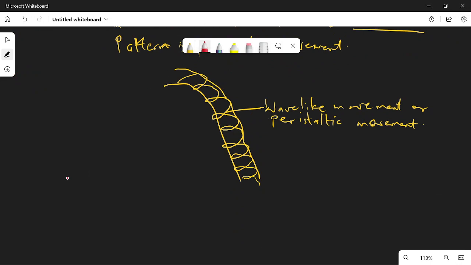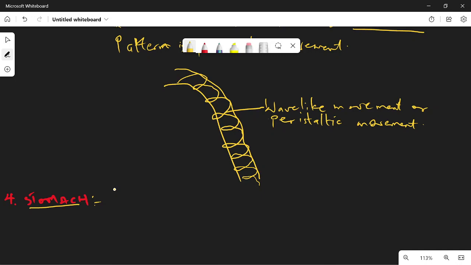The stomach, number 4. Number 4 is stomach. So what happens in the stomach?